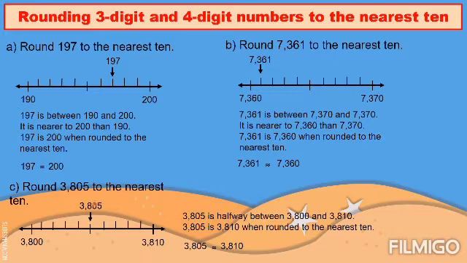And copy the 3,8, copy only that. We have your 3,8 and the 5 turns to 0. That is the rule in rounding numbers. And now class, very obvious now, as you see on the side, that 3,805 is approximately 3,810. So now class, let us proceed to our next slide to continue our lesson.